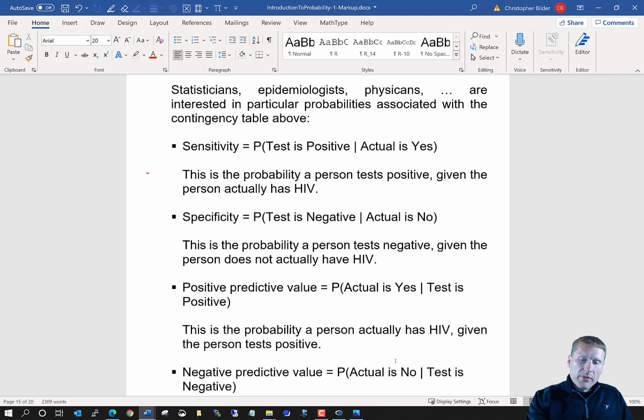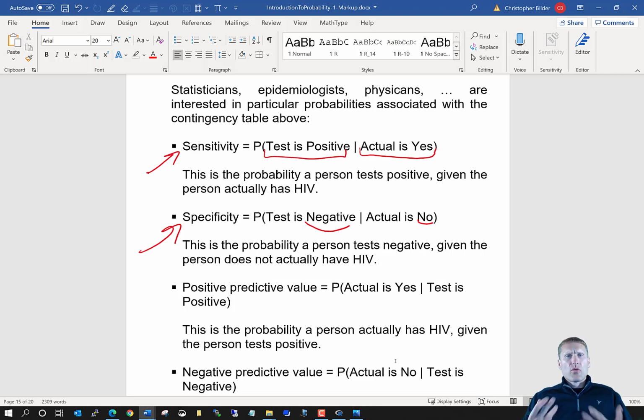One of the probabilities they're interested in is called the sensitivity, which is the probability that you test positive given that you are truly positive. We want this to be as high as possible. So given that you truly have it, we want the probability that the test detects it to be as high as possible. There's also something called the specificity, which is exactly the same as the sensitivity, but now we are talking about a negative test given that you are truly negative.